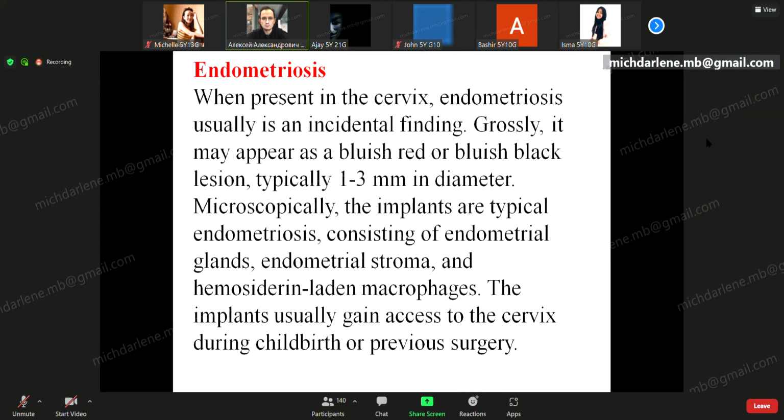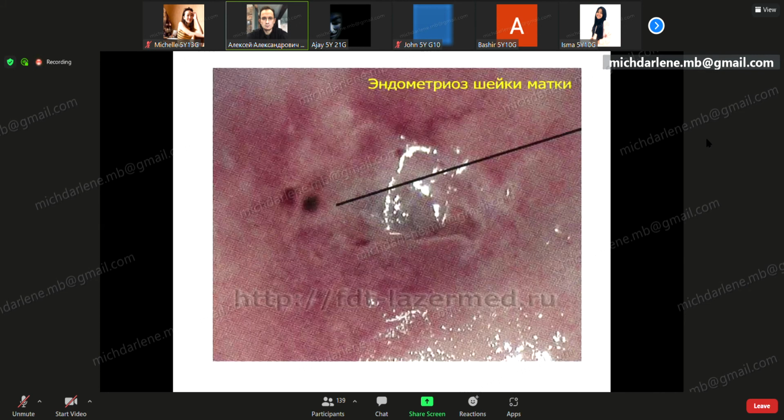During menstruation, some glands of the endometrium can find a new place for growth, and that place can be the cervix. The typical story is to find that ectopia during our colposcopy. It looks like that, guys.